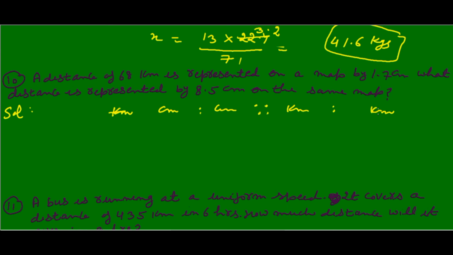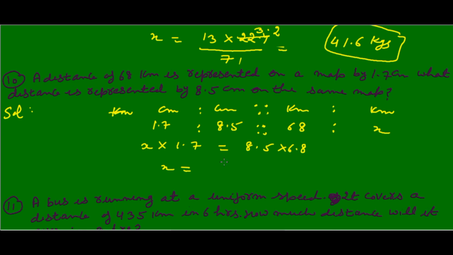So given is 1.7 centimeter of what kilometer? 68 kilometer. We have to find out 8.5 centimeter. No need to write centimeter here, as it is already written over. So we will put proportion here. Now in the same way, product of extremes, x multiplied by 1.7 equals product of means.